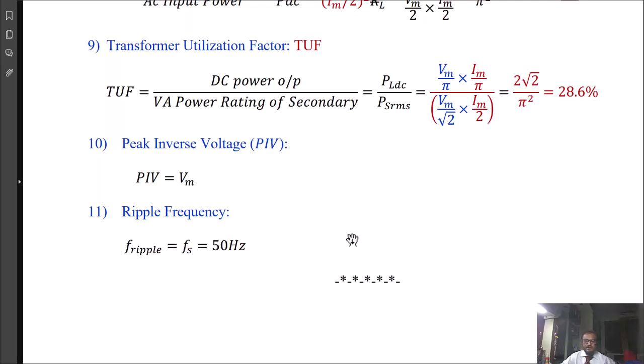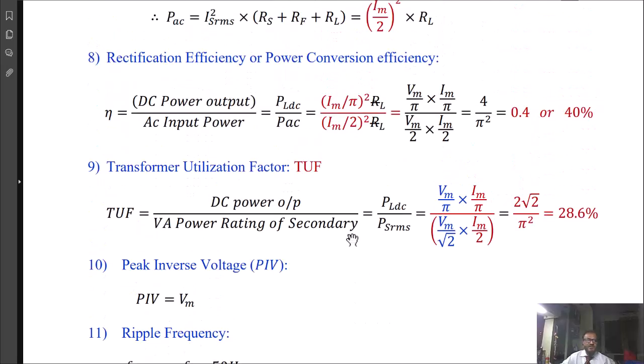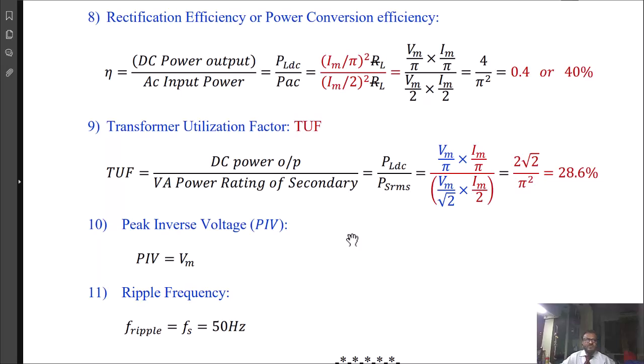And therefore, from performance parameters 5 to 11, we conclude that the half wave rectifier is not a very good rectifier for the purpose of AC to DC conversion. Therefore, in practice, half wave rectifiers are normally not used. In place of the half wave rectifier, the full wave bridge rectifier is normally used, which has better performance parameters than the half wave rectifier.